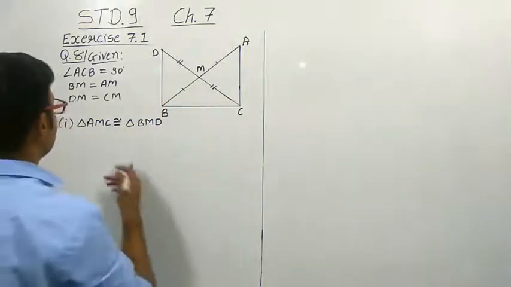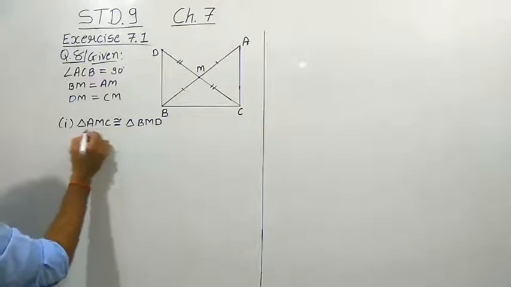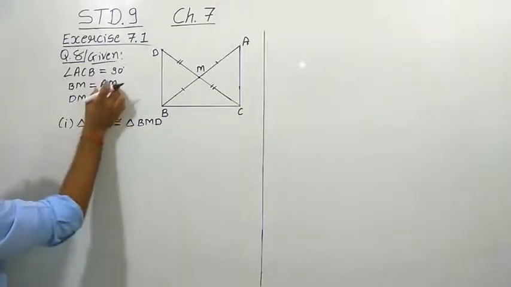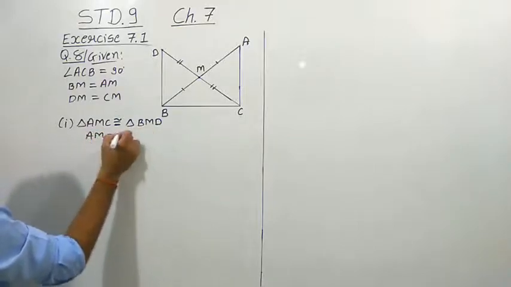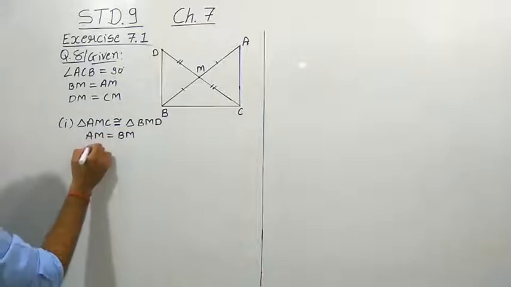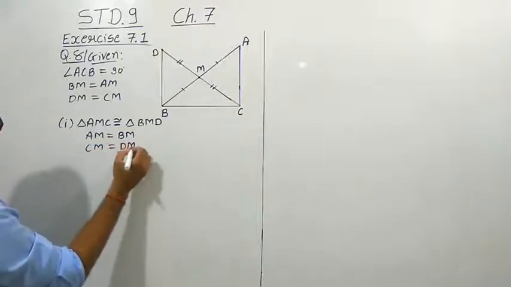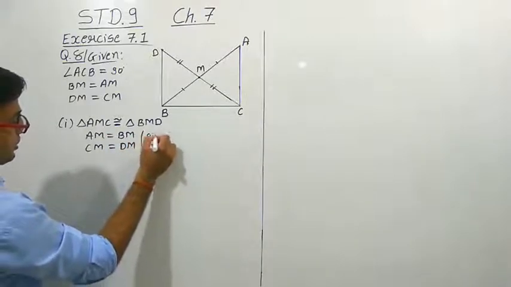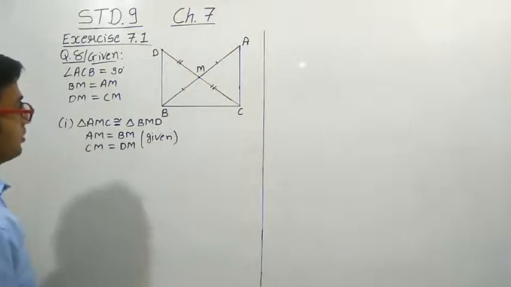So see, two conditions are already given. If we talk about this triangle, we can write down that AM side is equal to BM side. In the same way, it is given that CM is equal to DM. So these two conditions are already given. Now think about the third condition.